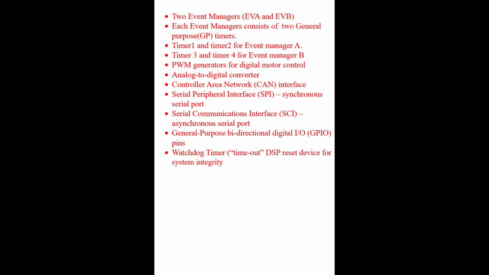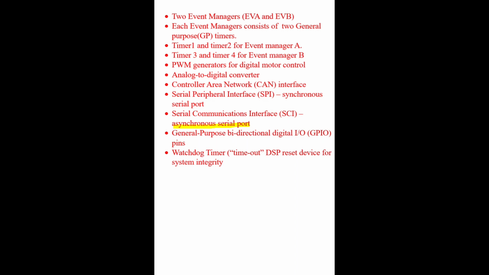If you want to communicate with the DSP and the external device in asynchronous mode, that means both are not working with the same clock frequency, this communication will be taken care of by the next point called the serial communication interface. It is mentioned as the asynchronous serial port. Asynchronous serial port means both devices work at different clock frequencies.